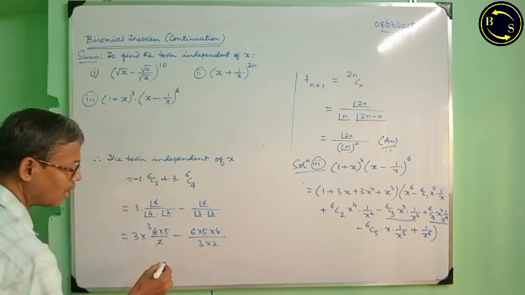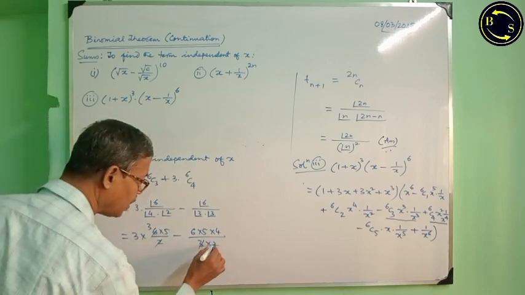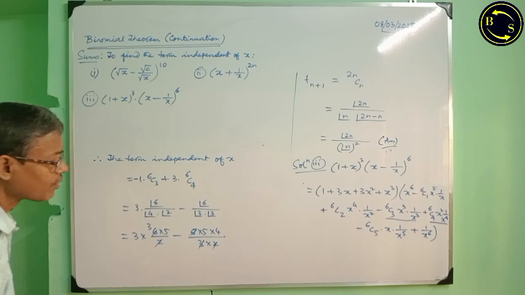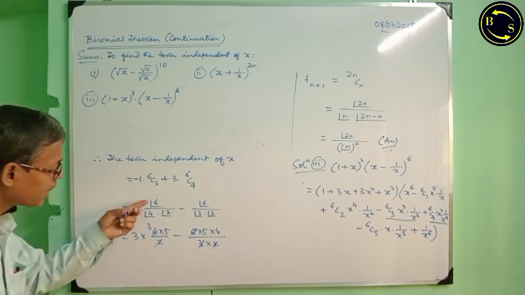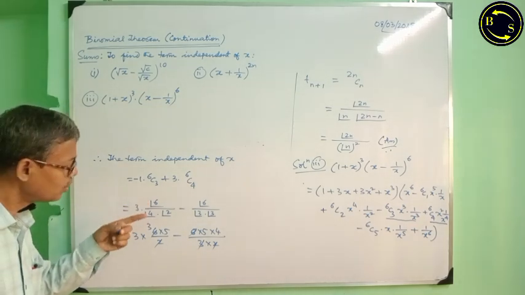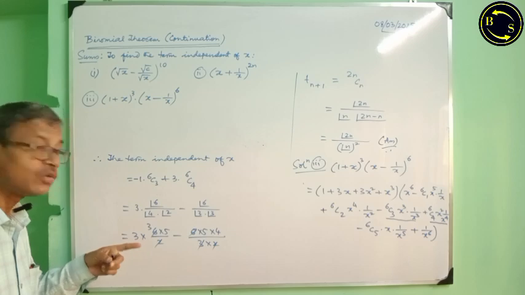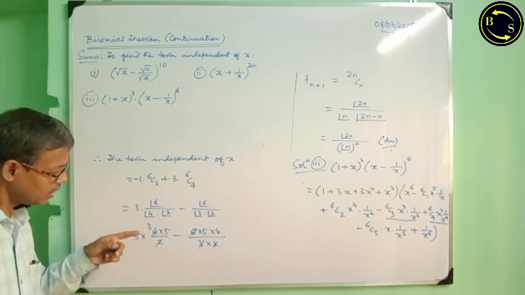You see how I am simplifying. Actually, factorial 6 is equal to 6 into 5 into 4 into 3 into 2 into 1.